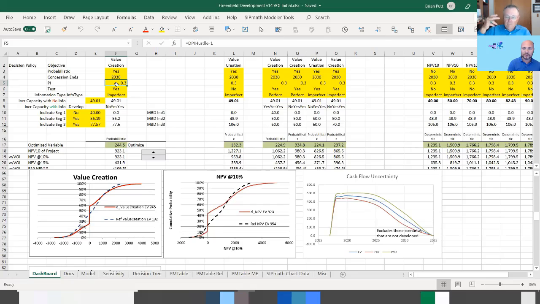So it's the ratio of NPV to the discounted capital. What we're trying to do is have NPV higher than whatever that criteria is. That's our hurdle rate.